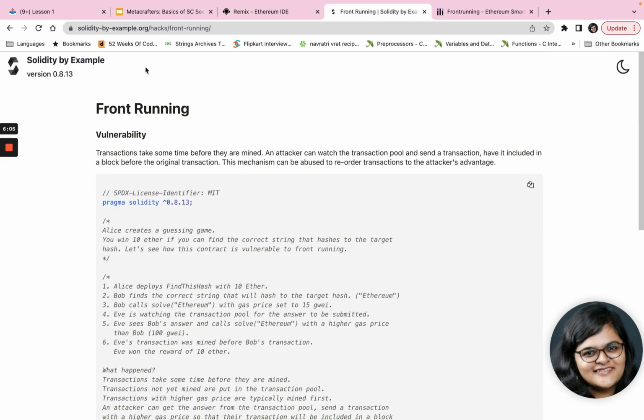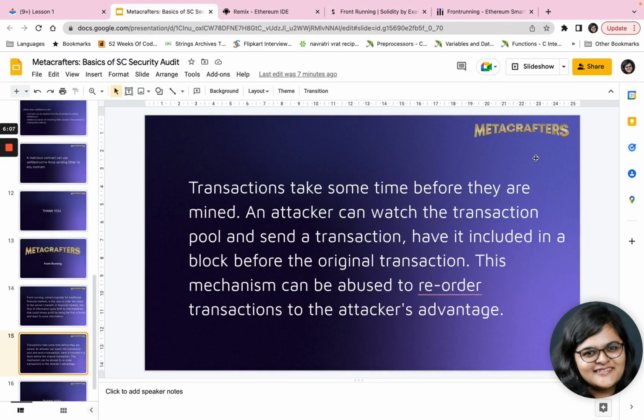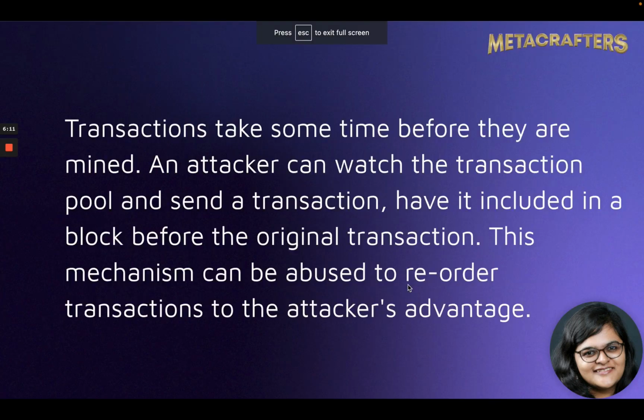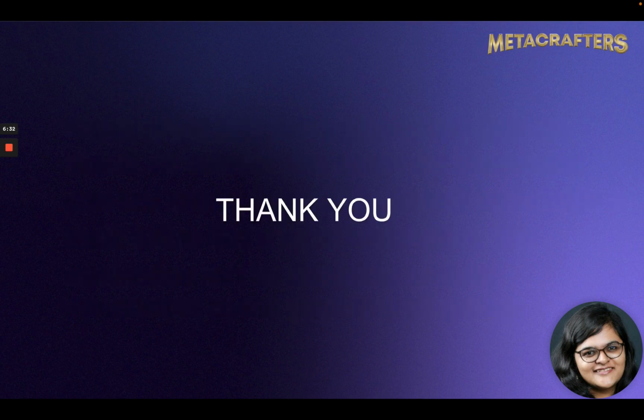So you can still see a lot of front running attacks happening especially on NFTs and such, where a sell order for a particular NFT is placed, and then somebody places a buy order for that. And before it goes through, somebody else buys it, right? So front running is one of the common kinds of attacks. And I would just say, make sure you have all things in check in your contract so that you don't get exposed to front running bots.